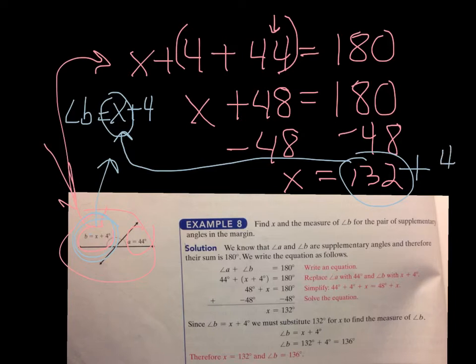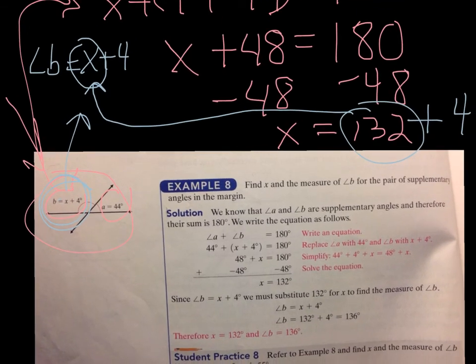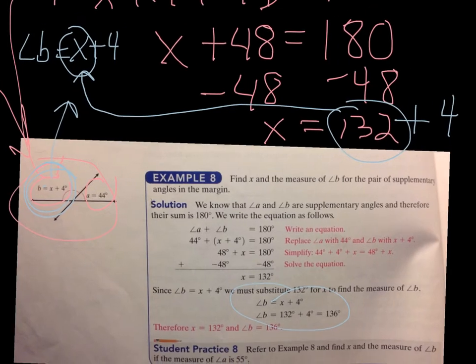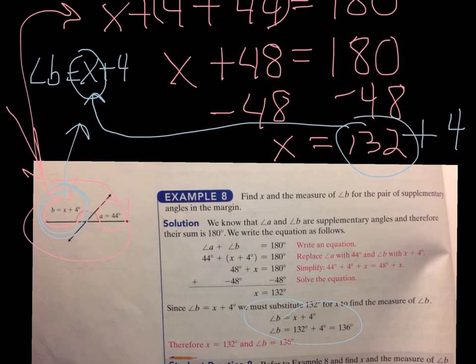We need to add 4 to it to get our B. So 132 plus 4 equals, and here I can pull this up so that you can see it. See it there? 132 plus 4 equals 136.